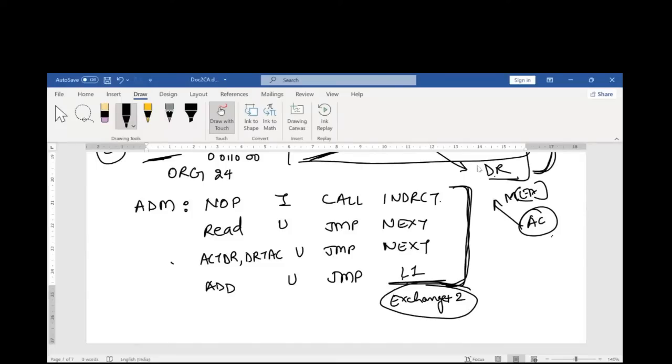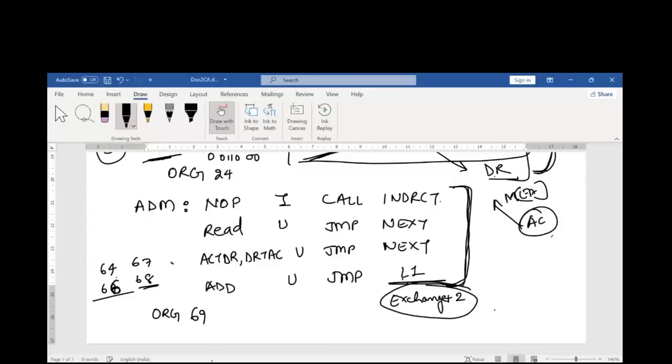But what if you have not made this exchange earlier? So in that case, start from a new org. From where? Fetch is 64 to 67, 64, 65, 66, up to 66. Then indirect is 67, 68. So the place after that is free for remaining operations, right?